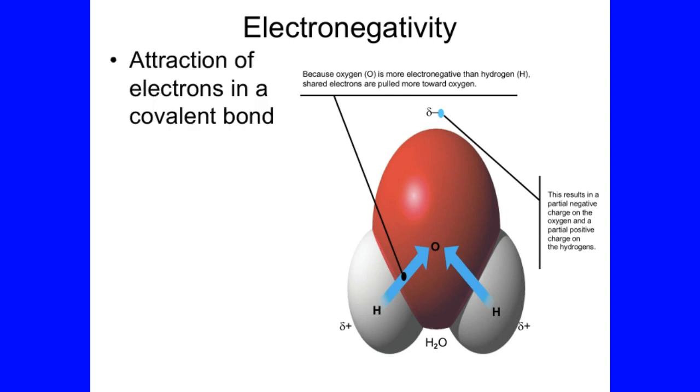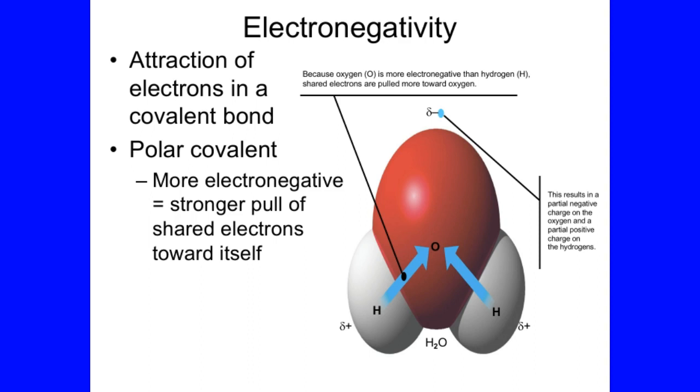Electronegativity. It is the attraction of electrons in a covalent bond. So in this picture of the water molecule, remember, polar covalent means unequal sharing of electrons within a compound. Right here we have the negative pull of oxygen, and we also have the positive pulls of hydrogen on each side.